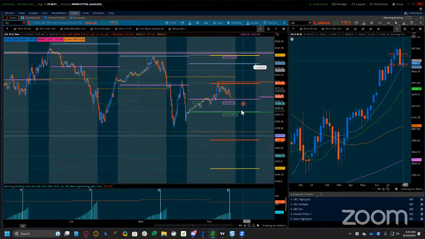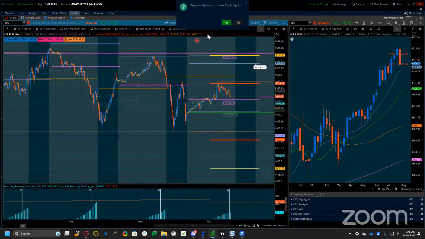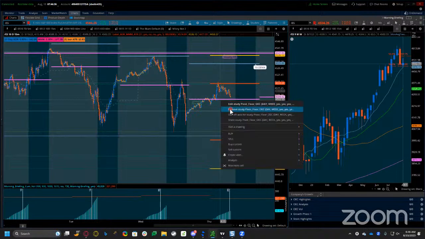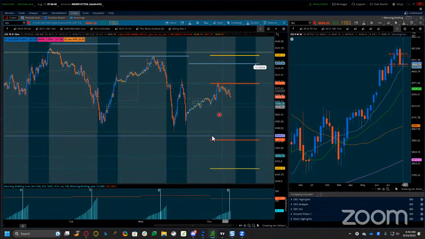That's these prints, right? And there's a lot of stuff on here, so it can be perhaps a little hard to see sometimes. Turn some of this off. We're still underneath the weekly pivot. We're still underneath, or we're interacting with our daily pivot. All right, that's a little better.